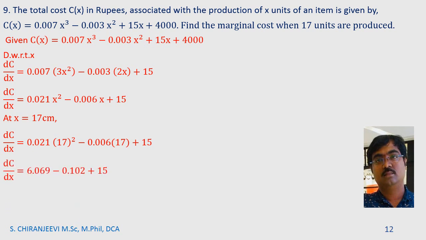So 0.021 into 17 square will become 6.069, minus 0.006 into 17 will become 0.102, plus 15. Simplifying, we get dC by dx equal to rupees 20.967.